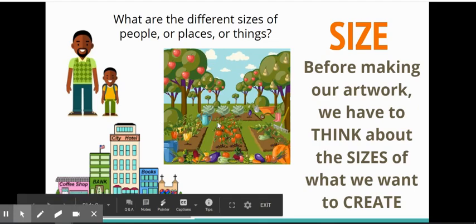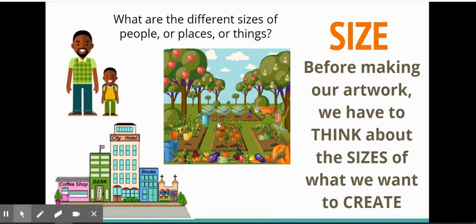With size and space, size is a little bit easier to think about. It's something that a lot of our scholars already do, and you might not even know it. I'm going to read this definition of size right here. Size: before making our artwork, we have to think about the sizes of what we want to create.